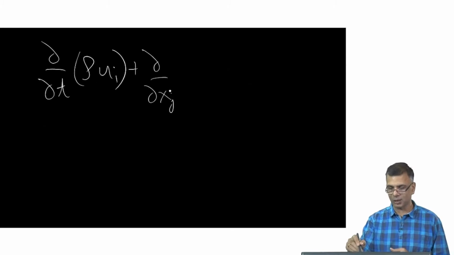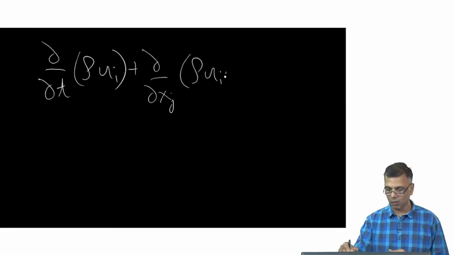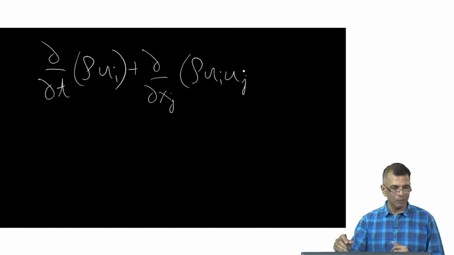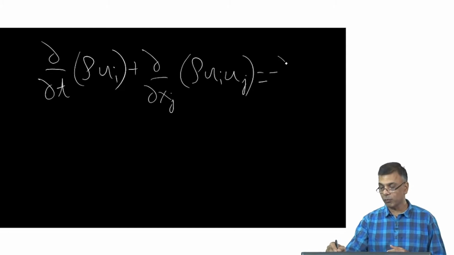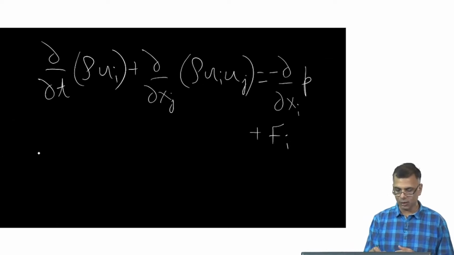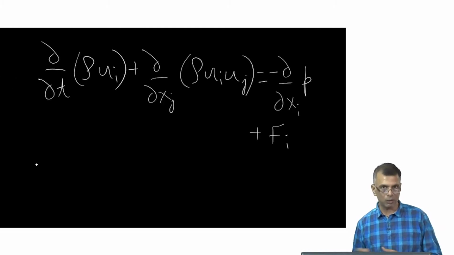Now this is divergence. Essentially what we're writing here is divergence of rho u u. We sometimes wrote this as an outer product. This is the same thing, equal to, if we neglect viscosity, the gradient of the pressure and any external body forces. So this would be the conservative form of the momentum equation, the same as the continuity equation.